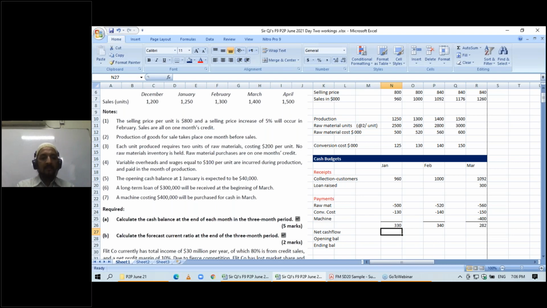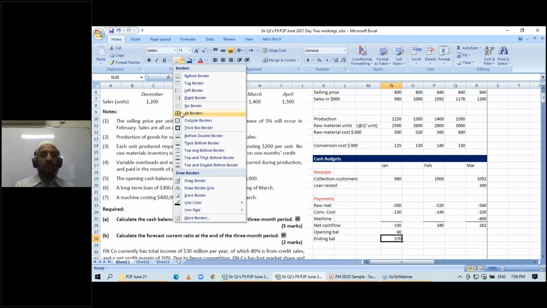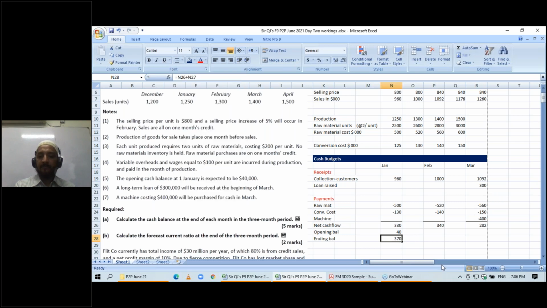So the opening balance, note 5, was 40,000 in January. So 40 was the opening balance. So 330 was the cash collected during the month of January. Then 40 was the opening balance. This makes 370,000. And this 370,000 will become the opening balance for the month of February, right?